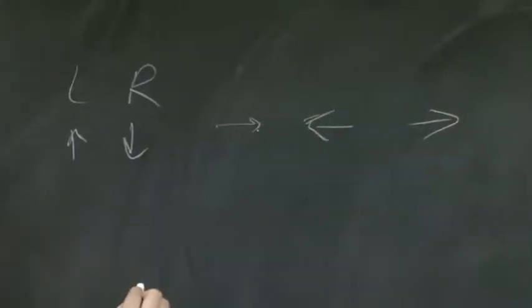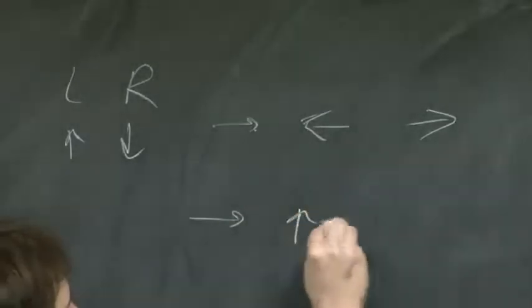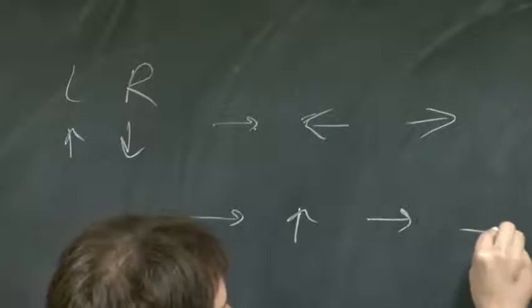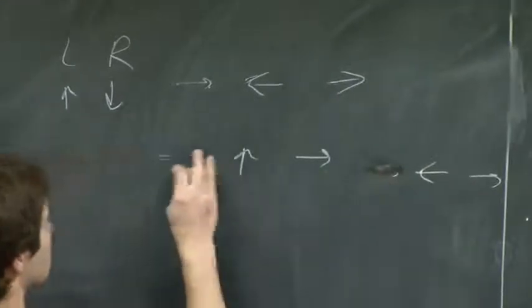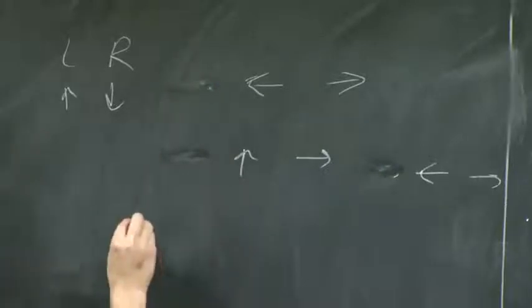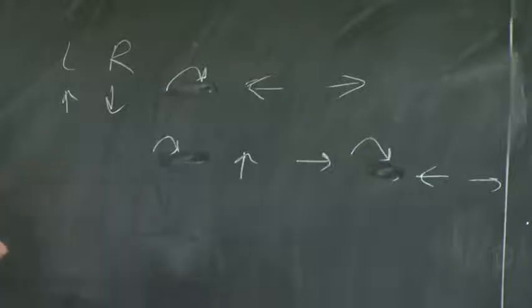And I'm considering, do I want to go directly or do I want to go up, right first, and then left, right. Let's not do these arrows because they're confusing. So do I want to transition like this or do I want to transition like this?